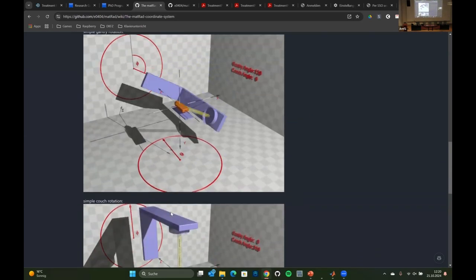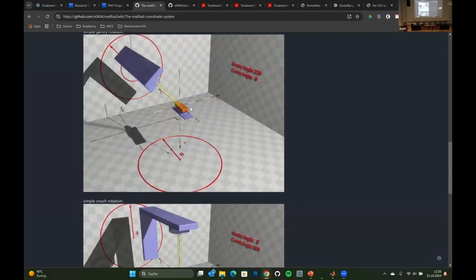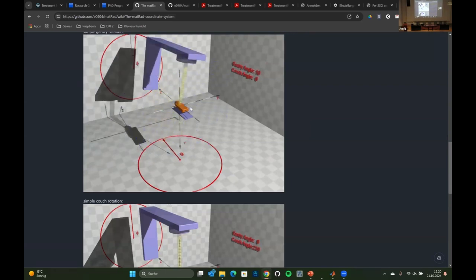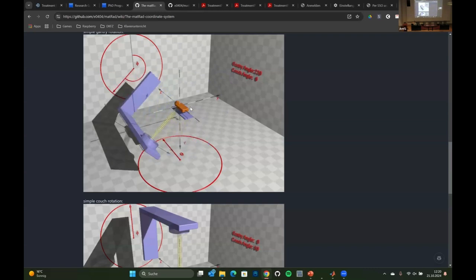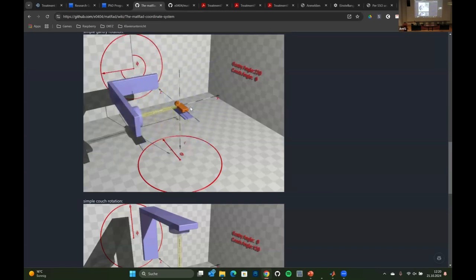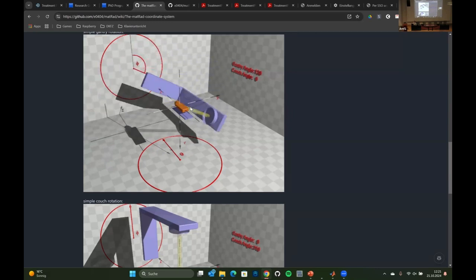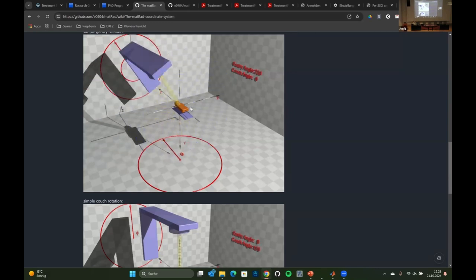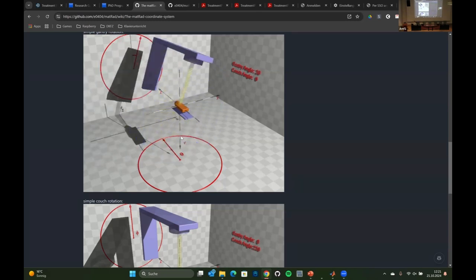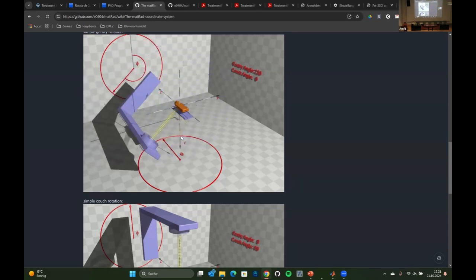X goes from the right side of the patient to the left. I will not use the medical terms because I'm not super familiar. Then you have the Z coordinate, which goes from the feet to the head. And you have the Y coordinate, which comes from top to bottom.